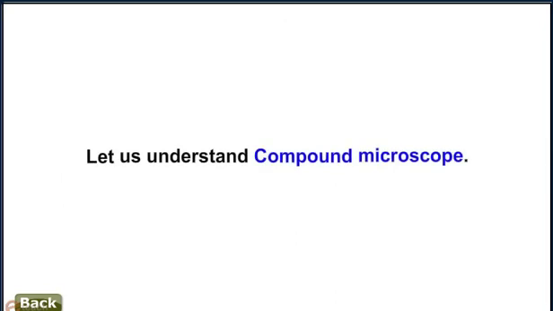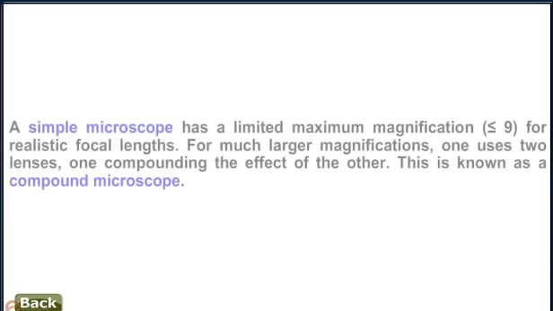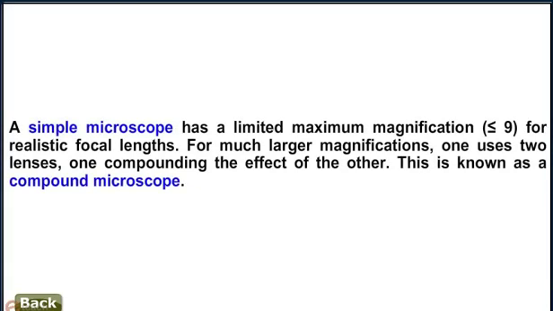Let us understand compound microscope. A simple microscope has a limited maximum magnification less than or equal to 9 for realistic focal lengths. For much larger magnifications, one uses two lenses, one compounding the effect of the other. This is known as a compound microscope.